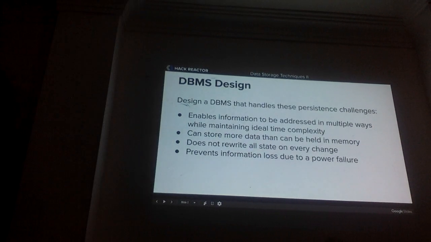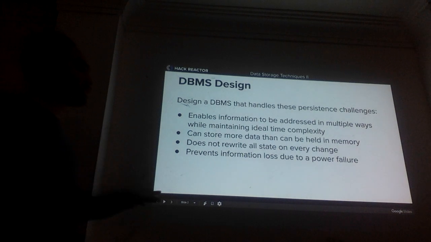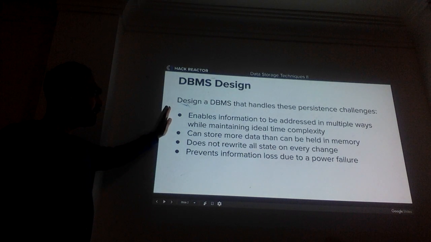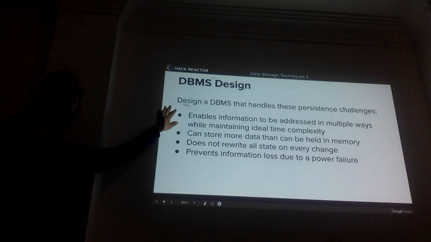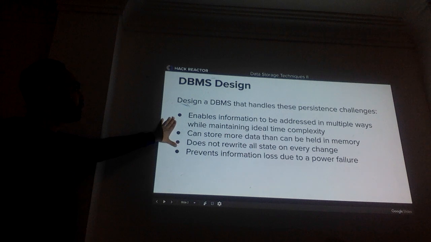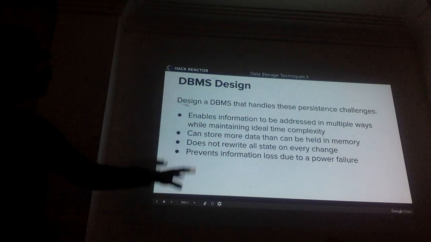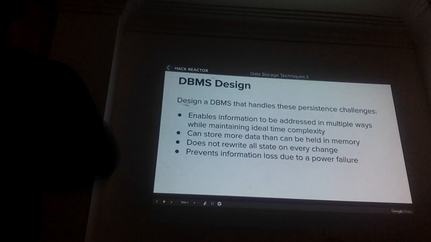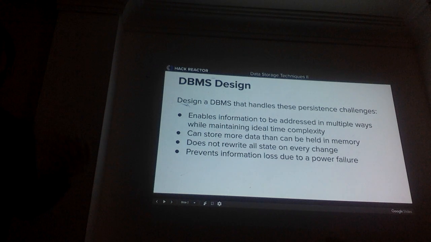We talked about some problems with data persistence yesterday, and these are some of them. We said we need to make sure we achieve data persistence. We need to solve these: enable information to be addressed in multiple ways while maintaining ideal time complexity, which means asking the database many questions with good complexity in different ways.